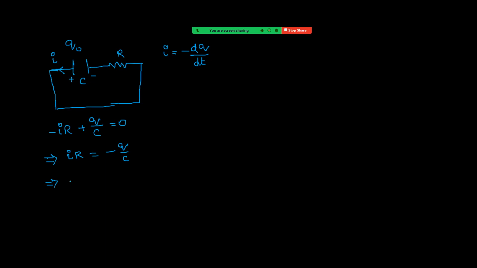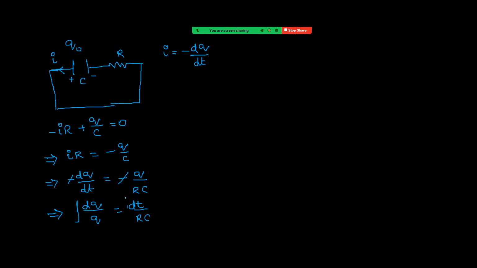So here it should be minus dq by dt equal to minus q by RC. The minus gets cancelled. Now see what we can do. dq by q is equal to, sorry, it is dt by RC.